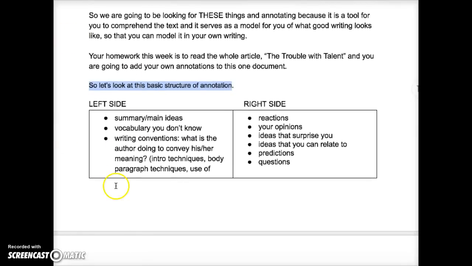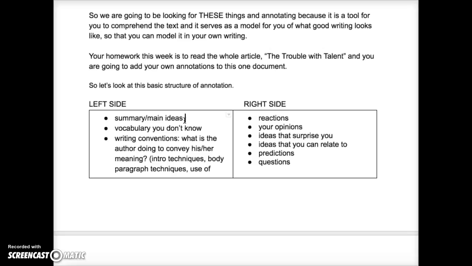it can be the left margin, or if you want, you can also use sticky notes, but we usually write on the left side the summary or the main ideas, and I noticed that some of you guys have put just one per paragraph, and I think there are a few more than that.